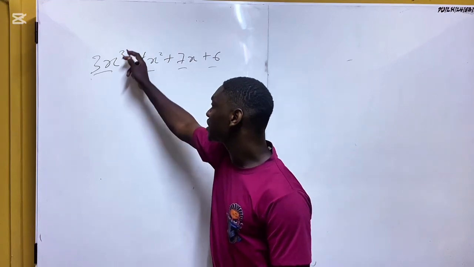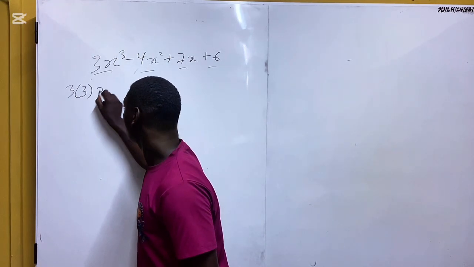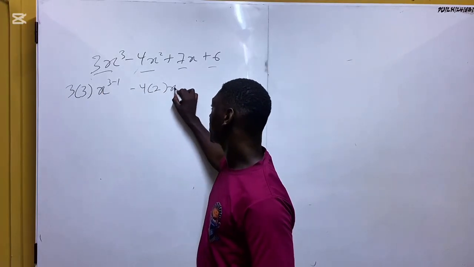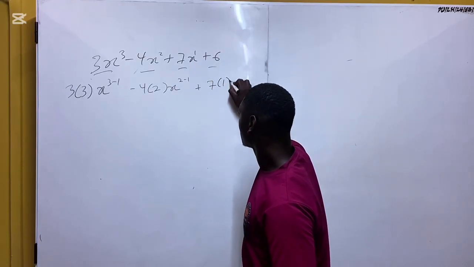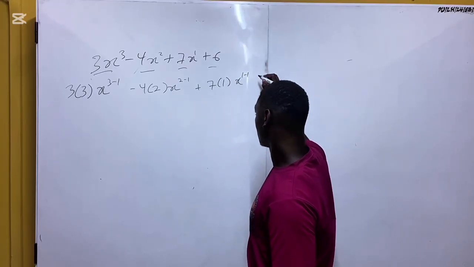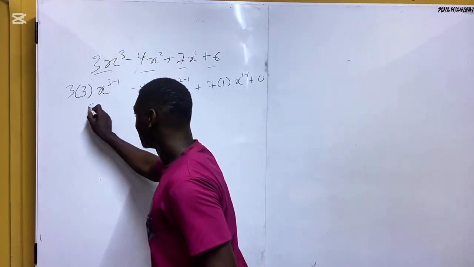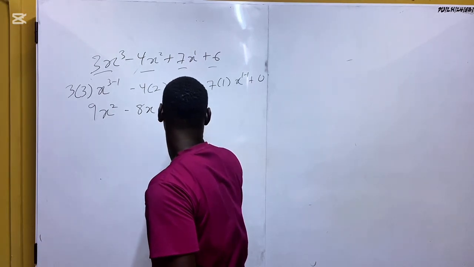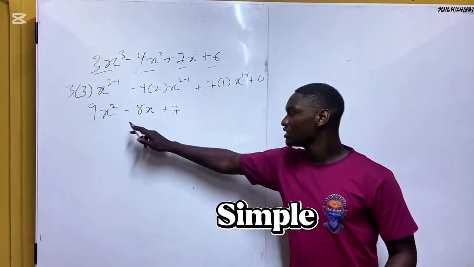So when I differentiate 3x cubed with our power, it means 3 multiplying 3, x to the power 3 minus 1, minus 4 multiplying 2, multiplying x to the power 2 minus 1, plus 7 multiplying 1, x to the power 1 minus 1, plus differentiate the constant to get what? 0. It means that we are going to get 9x squared minus 8x plus 7. And that is our result. Again, proving that when you differentiate a cubic curve, you get a quadratic.